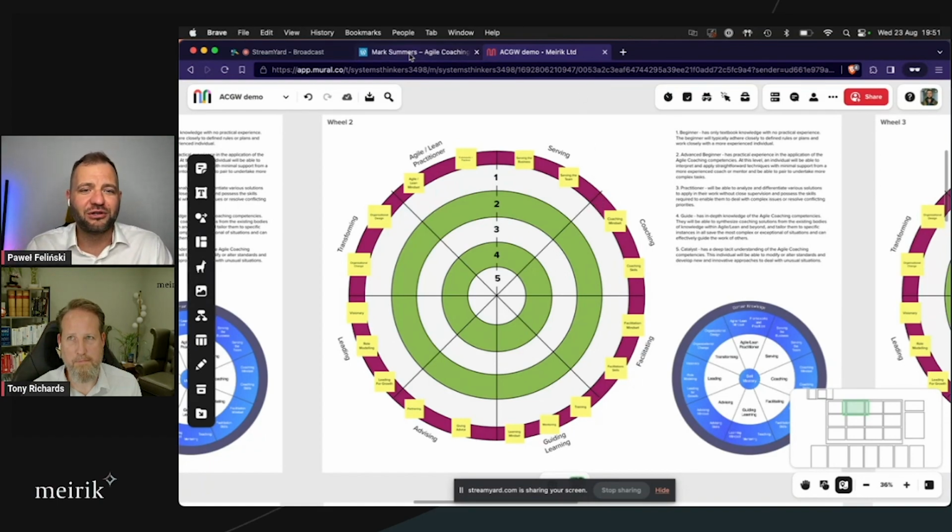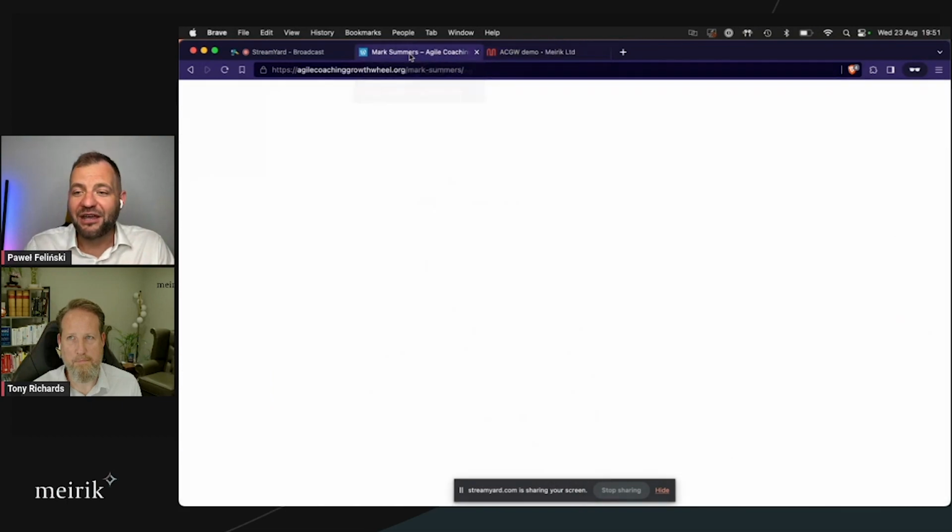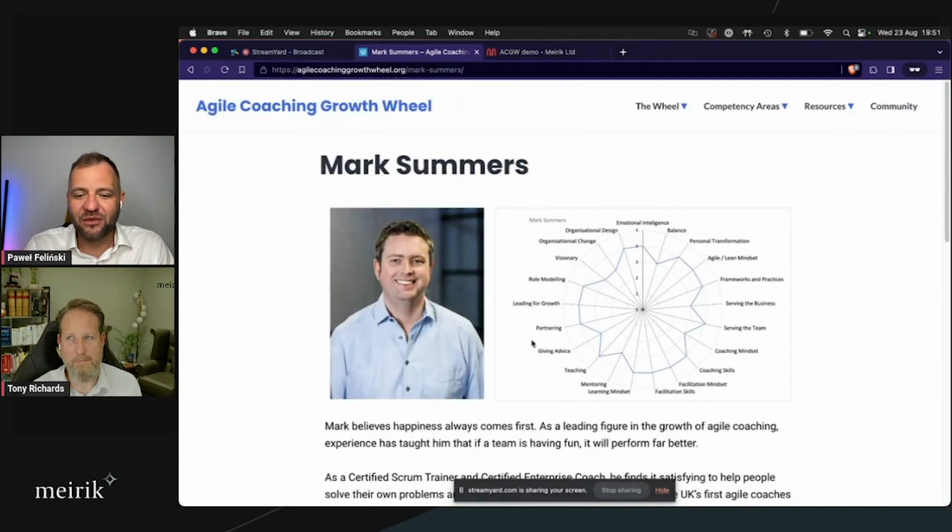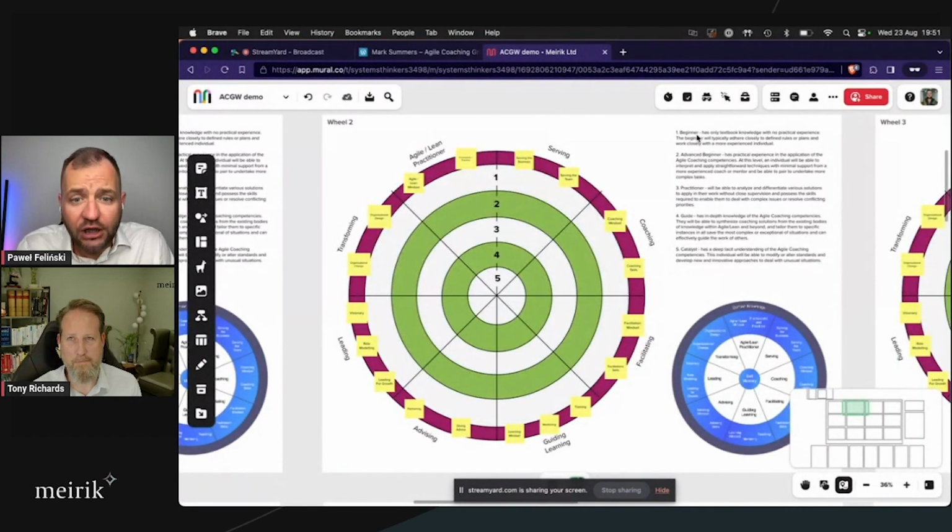Actually, when Tony and I look together at the chart from the community behind the Agile Coaching Growth Wheel, you would see it's correct, from 0 to 5 at the edge of the wheel. So this is how I see it could be done on an individual level.